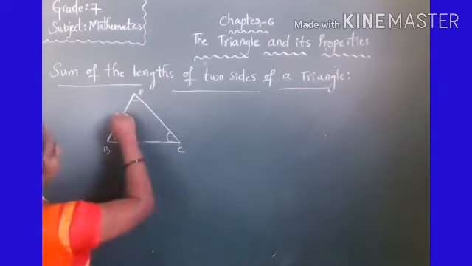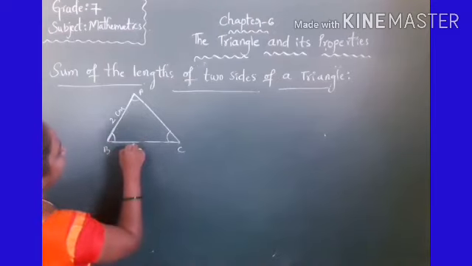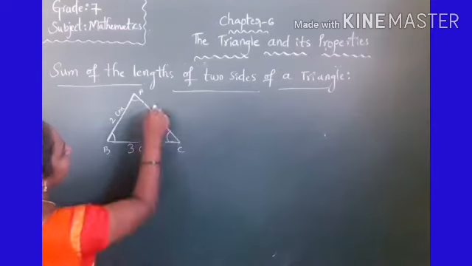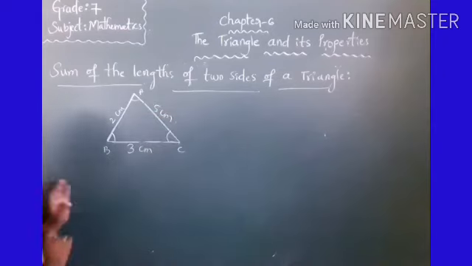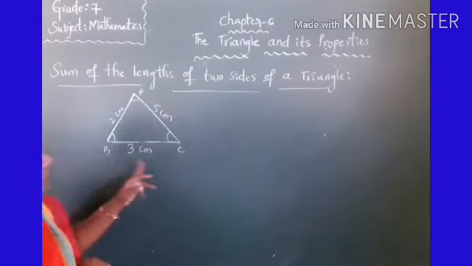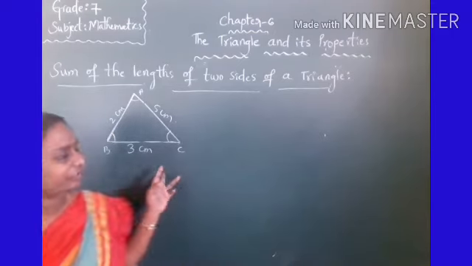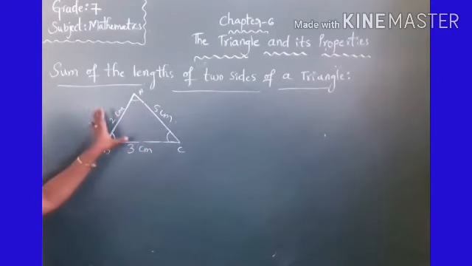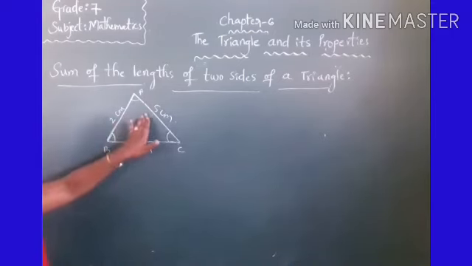Observe here. I will take 2 centimeters, 3 centimeters and 5 centimeters. In triangle ABC, let us find the sum of the lengths of two sides.